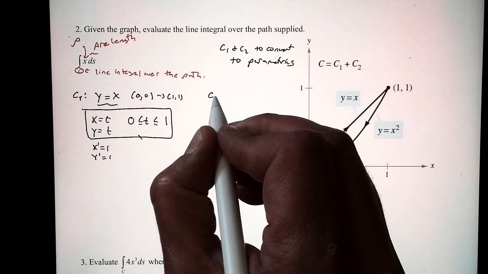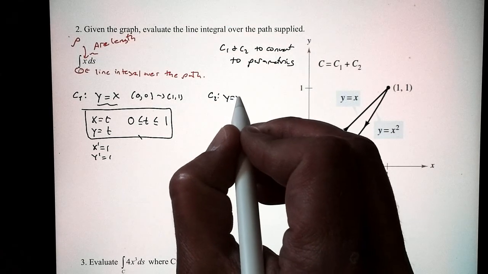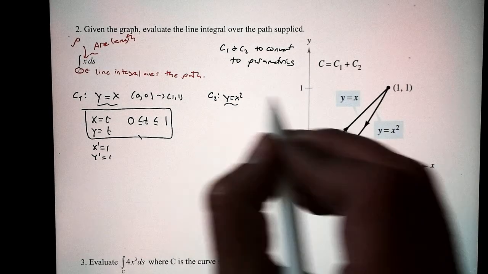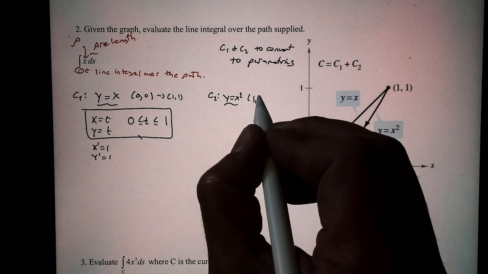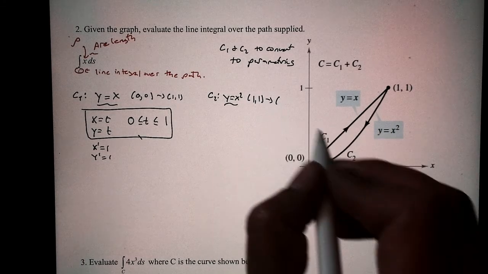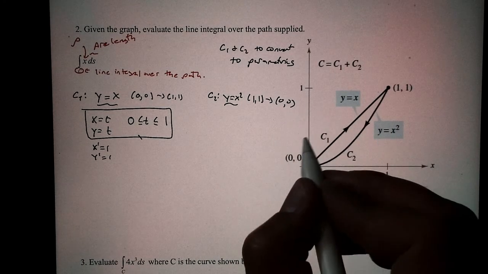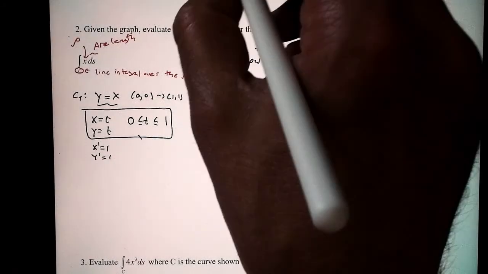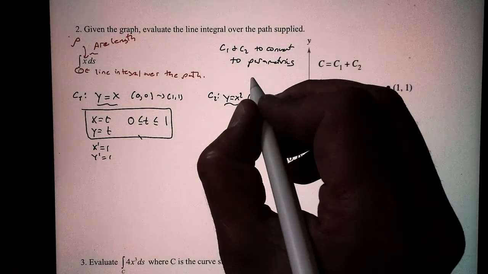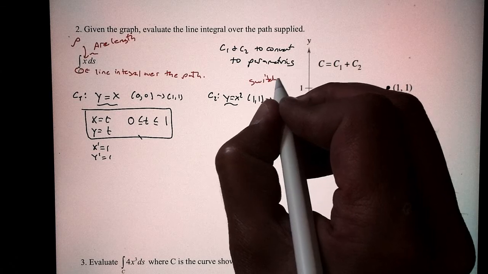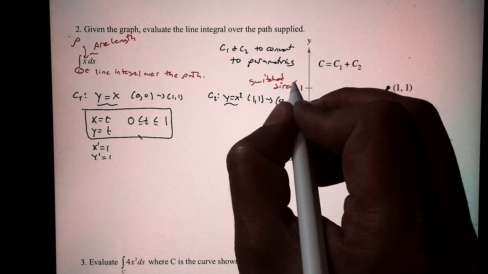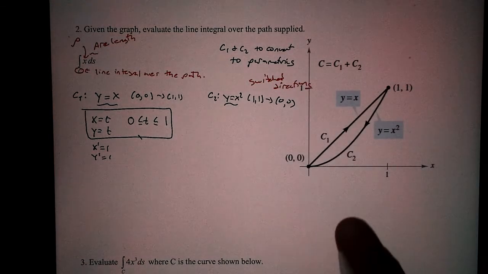For C2, we're on y equals x squared, and we're going to be on y equals x squared from 1, 1 to 0, 0. Now this is tricky because note, we switched directions. So the question is, what does that do for us?